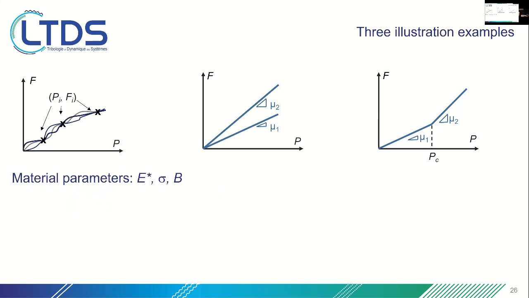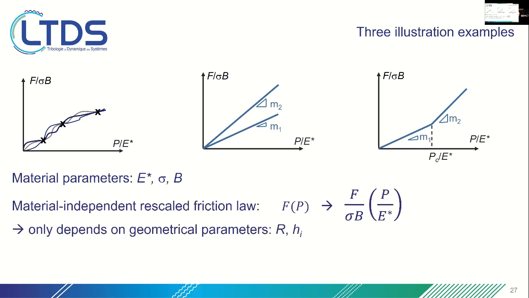Okay, I want to emphasize that this strategy is intended to be material independent, in the sense that it could be carried out whatever the values of the material parameters. Material parameters in our case are the Young modulus, the friction stress, and the area reduction ratio. So what we do is to divide the friction force by sigma times B, and to divide normal force by the Young modulus.